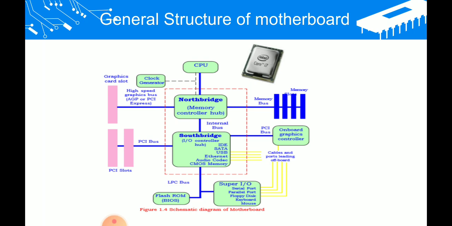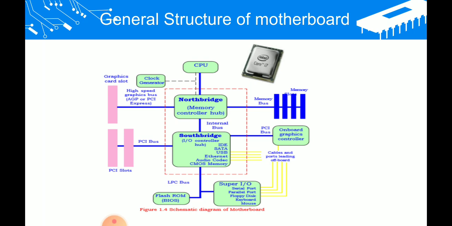These are the two chips in the motherboard. This includes the core logic chipset. I told you about the chipset earlier under the characteristics. These are the two chips which come in the motherboard. These chipsets will manage the data communication between the CPU and the motherboard.